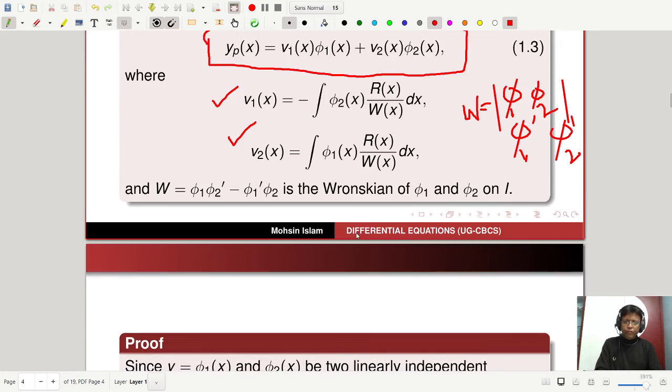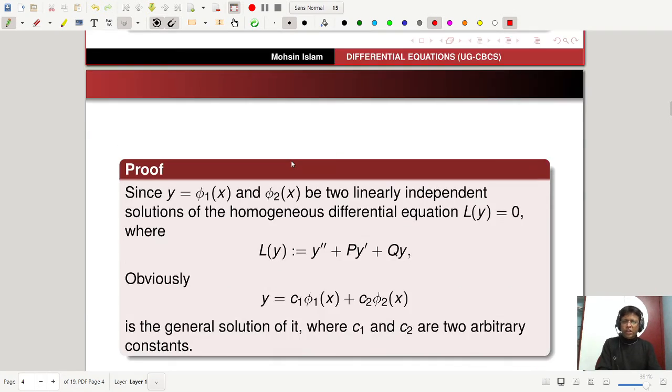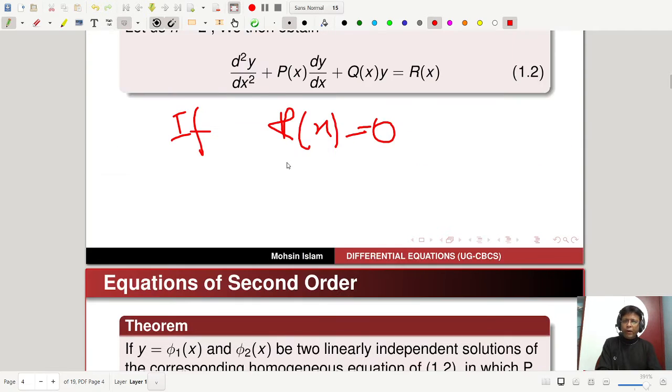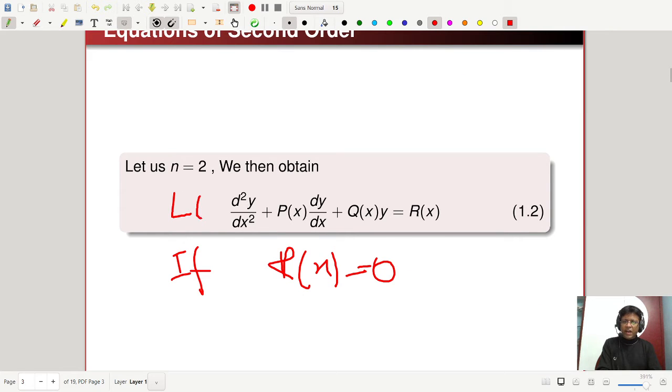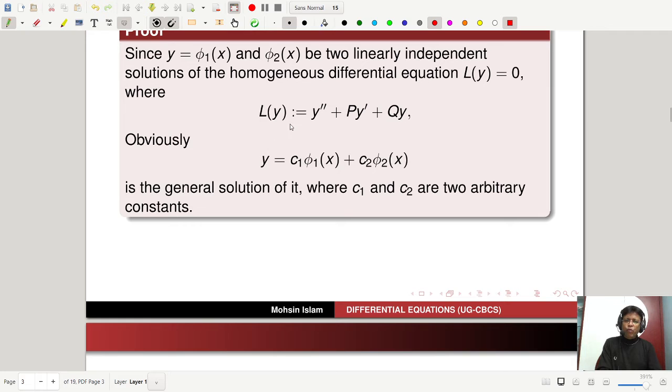Let's come to the proof. Since phi 1(x) and phi 2(x) are two linearly independent solutions of the homogeneous differential equation Ly equal to 0, your differential equation can be written with a linear operator as Ly, where L is a differential operator, and Ly is y double dashed, the second order derivative, plus p times the first order derivative, plus q times y.